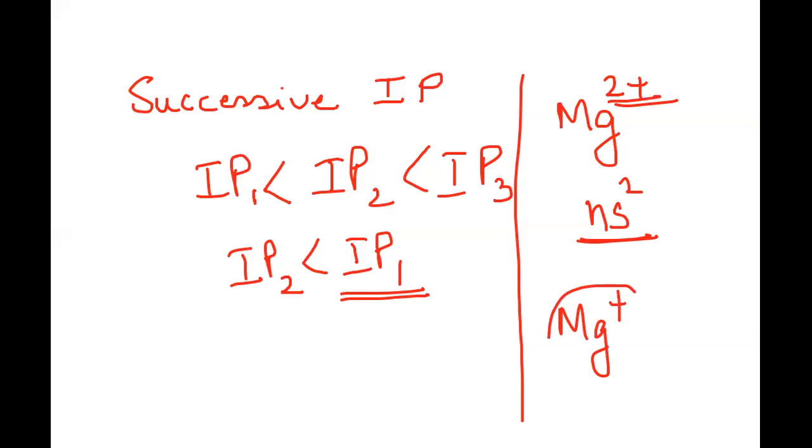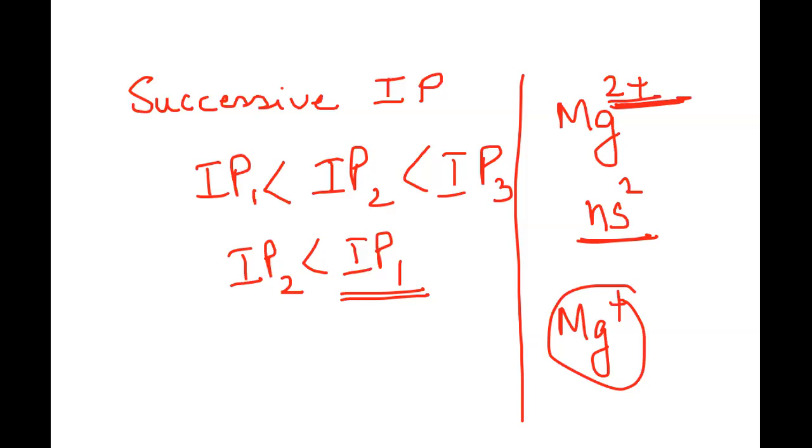The reason could be that when you supply energy to pull out the first electron, because it's being pulled out from a completely filled s subshell, that much energy is enough to even pull out the next electron. Therefore, the 2 electrons are removed easily, and divalent cations are obtained. So this could be one of the ways to understand this.